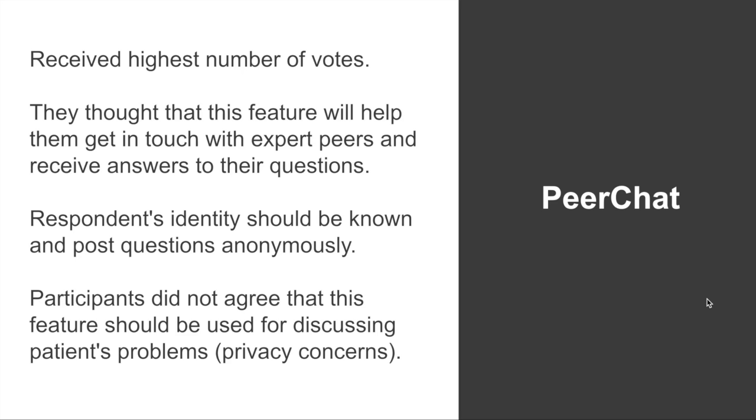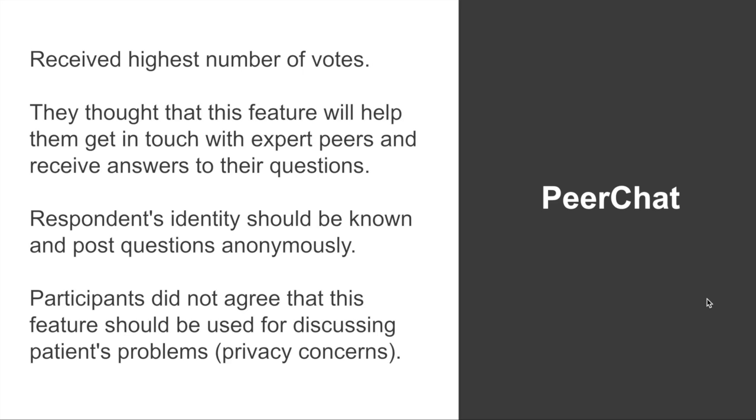The next feature was peer chat, and this feature received a high number of votes for inclusion. Participants were very excited to see that they will be able to contact their more expert peers and ask questions.